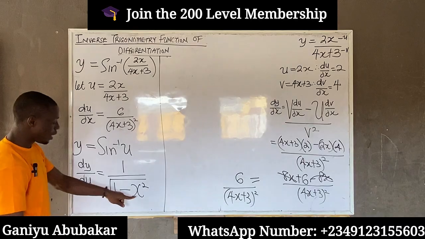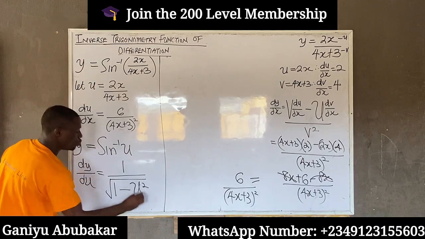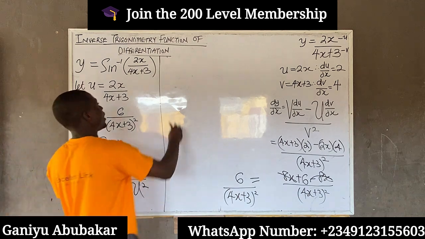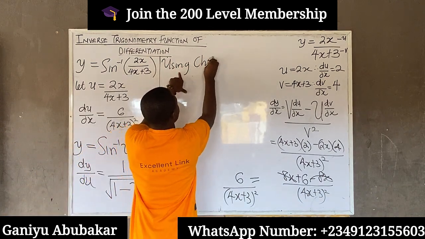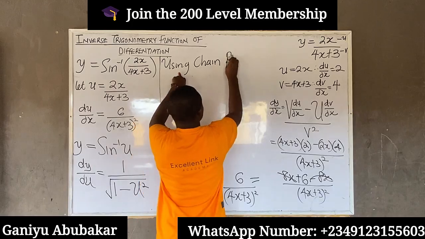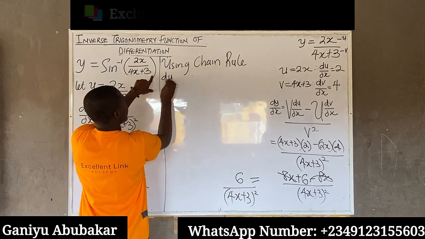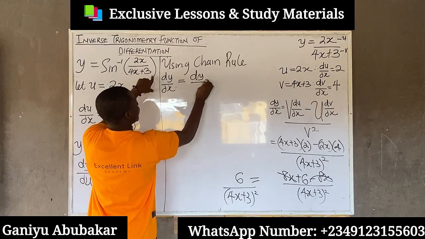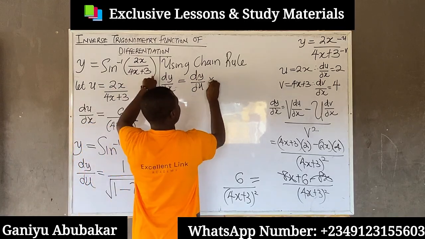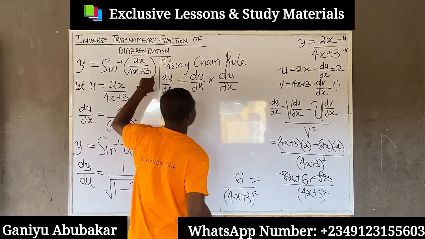But I'm not using x here, I'm using u, so change this to u squared. At this junction, your next task is using the chain rule.